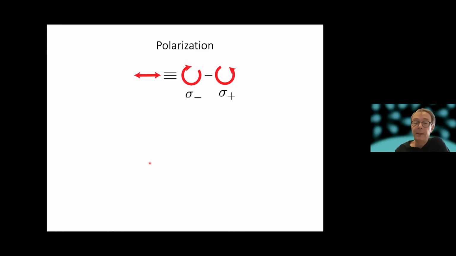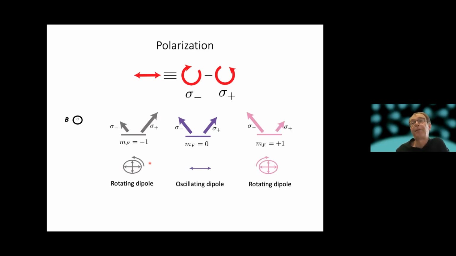You can, of course, look at your linear polarized light as a superposition of sigma plus and sigma minus light. And let's assume we apply a magnetic field along the light propagation direction. And we look at all three different magnetic sublevels of the F equal 1 manifold at a fixed finite magnetic field.